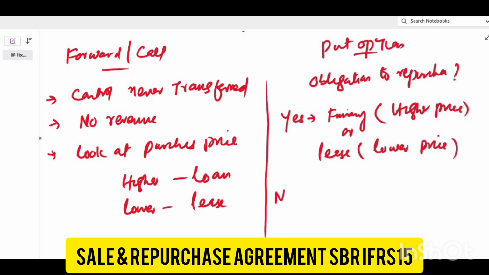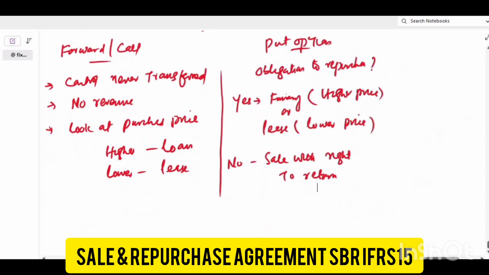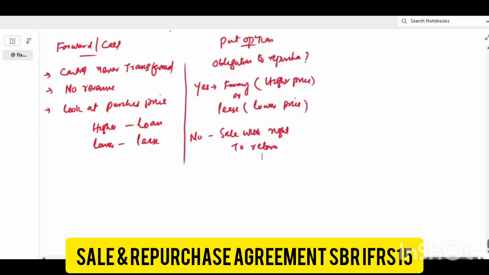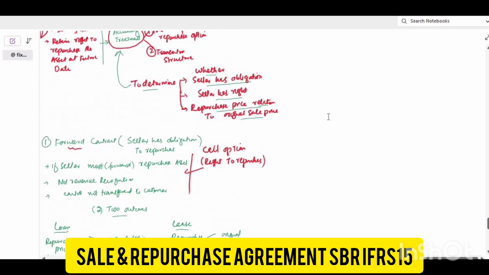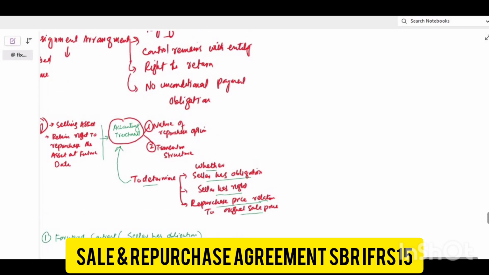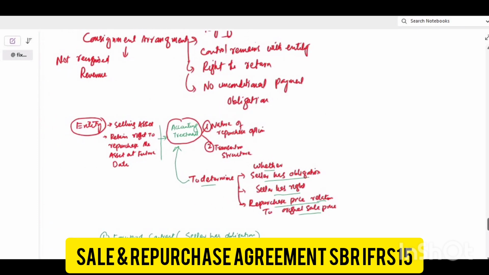Clear? If no obligation, then it means sale with right to return. Clear? Now what I have just discussed here, let me recap it again, and then we move to the actual study.